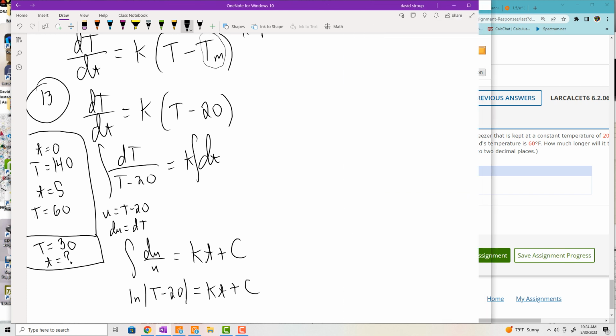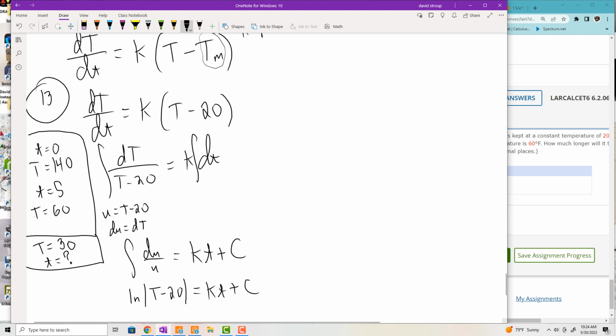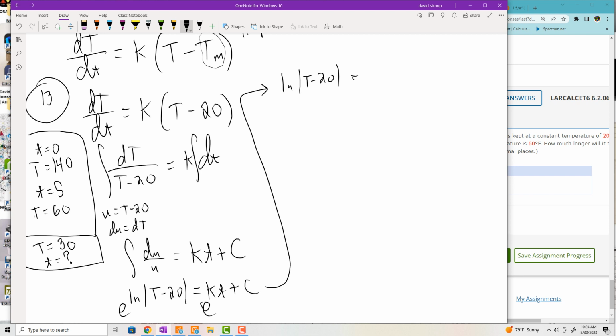And then we want to go ahead and exponentiate both sides. So we'll have ln of the absolute value of T minus 20 equals kt plus c, so e to the kt times e to the c.